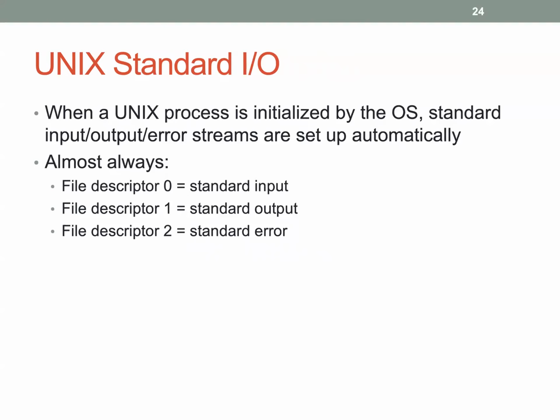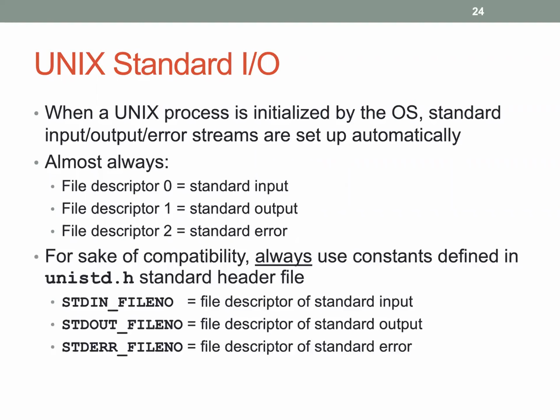Now, the reality is this isn't changing, because if it changed, there's a ton of code and a ton of scripts out there that would completely break if we ever changed which file descriptor was standard input. Nonetheless, I want all of you to practice good programming approaches, and there are definitions of these file descriptors.